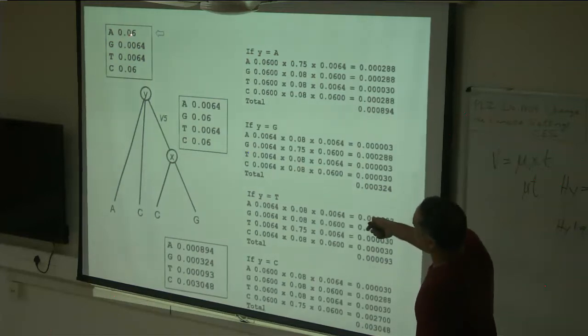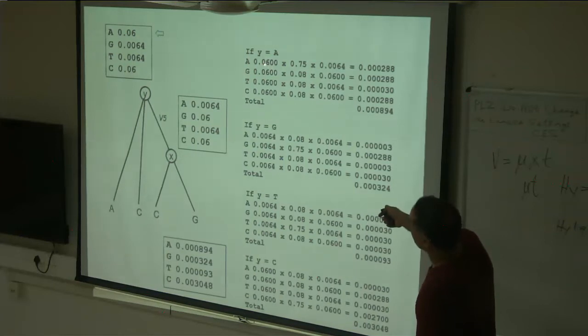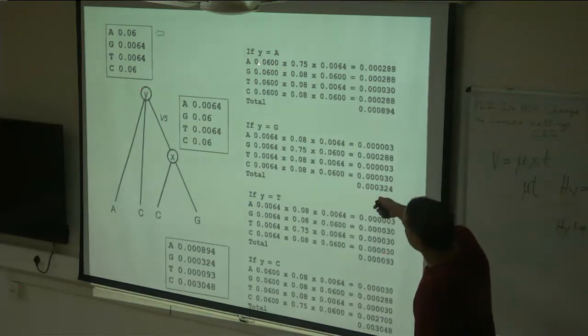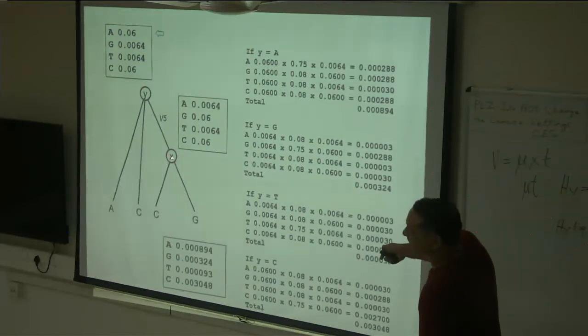The probability of y being A is 0.06, and then what you have here is x.